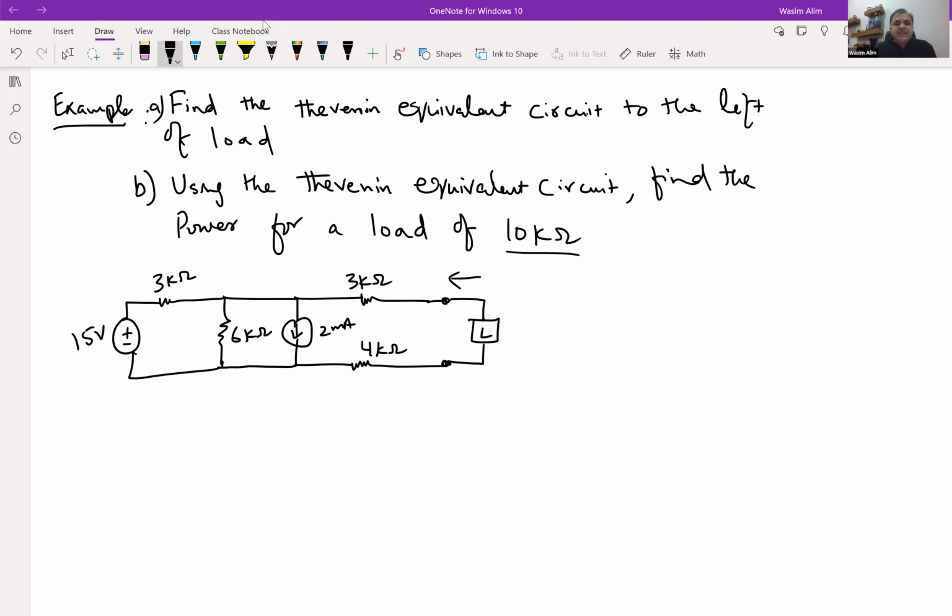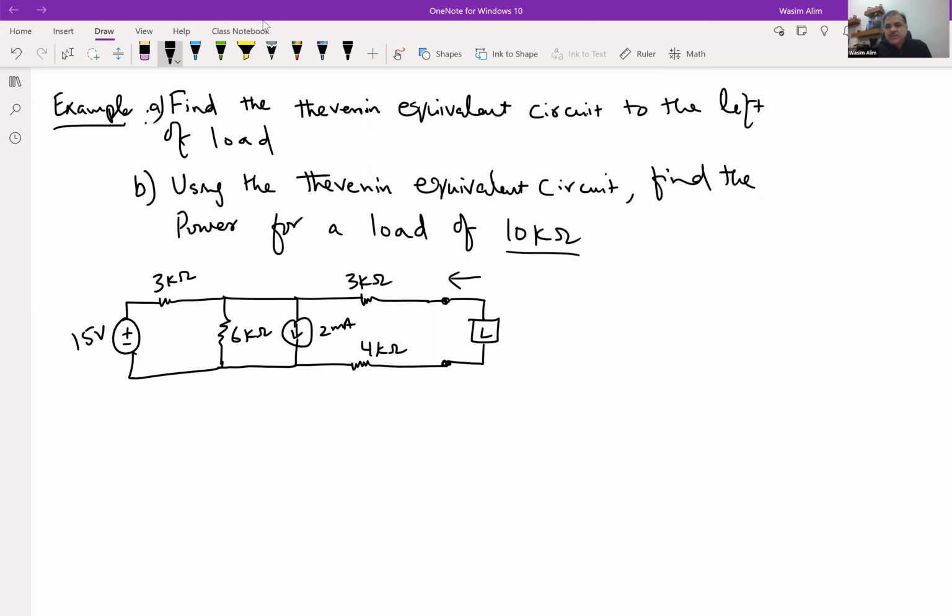In this case, the unknown quantities will be your open circuit voltage and the short circuit current, right? So those could be determined. But my preferred technique, which is least prone to mistakes and rather a shortcut, is the source transformation technique, because the other processes are quite lengthy.